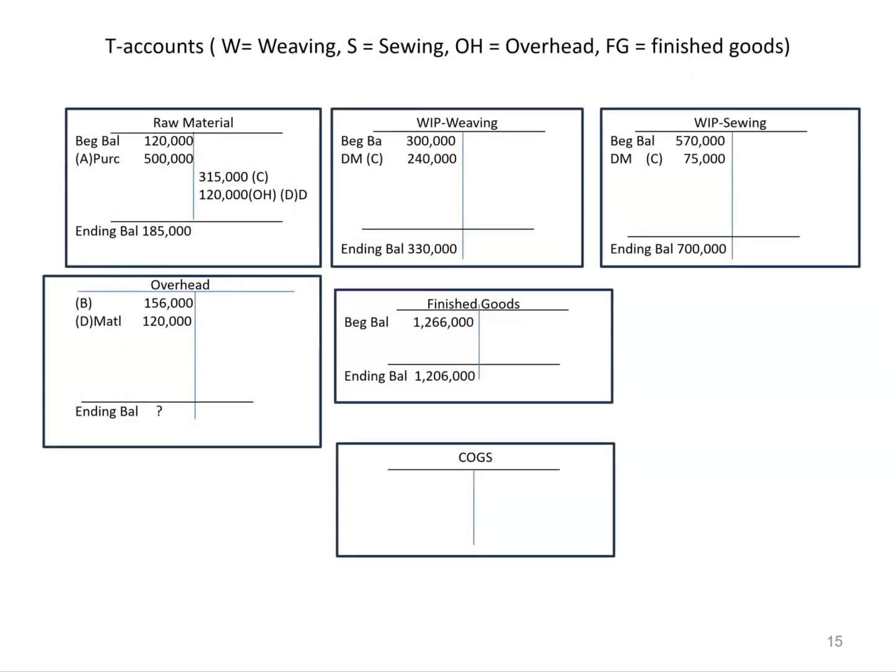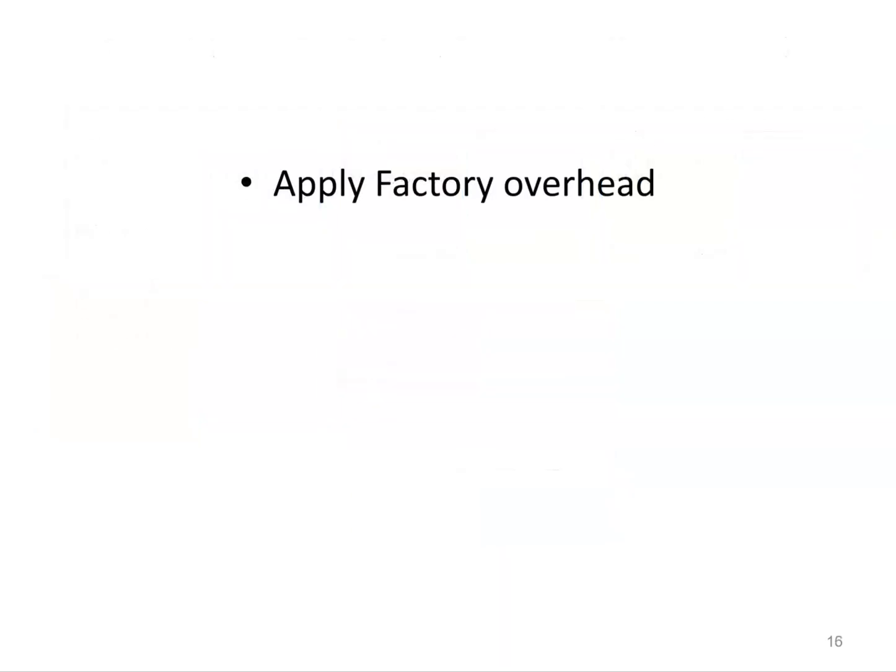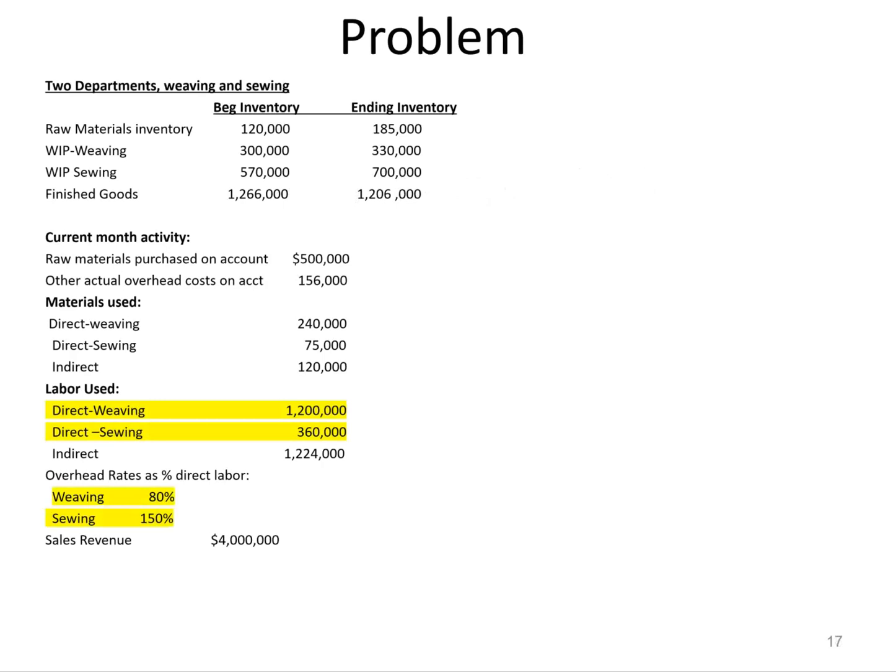So now we're going to take a look at our T accounts and book those. There's our labor for weaving, our labor for sewing, and our labor for overhead. Now we're going to apply our factory overhead. Because it's based on labor dollars, which it tells you in the problem, we're going to take the amount of labor and multiply it by the overhead rates.